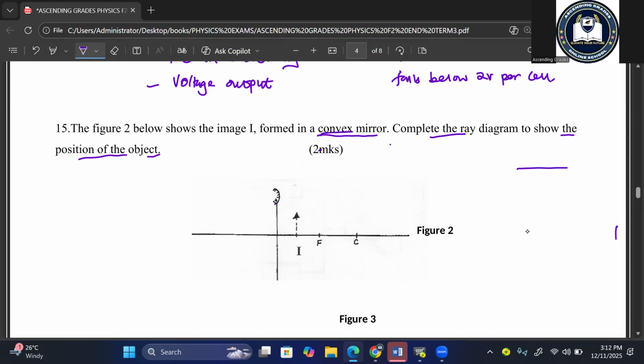So if we maintain to have the convex, then we can draw the mirror like this.